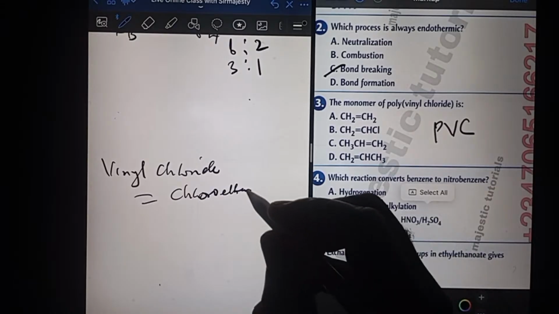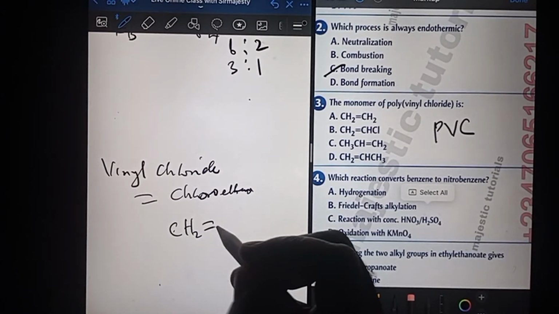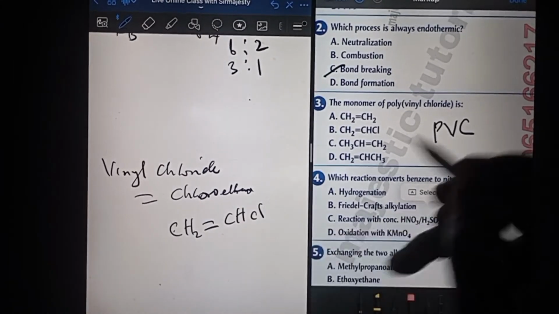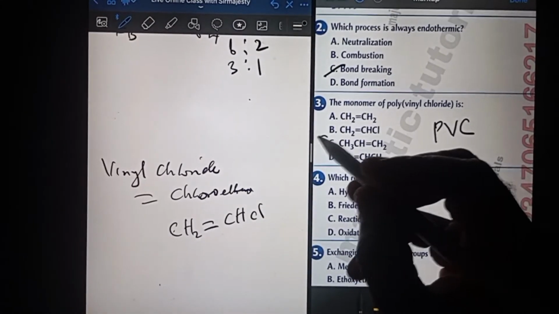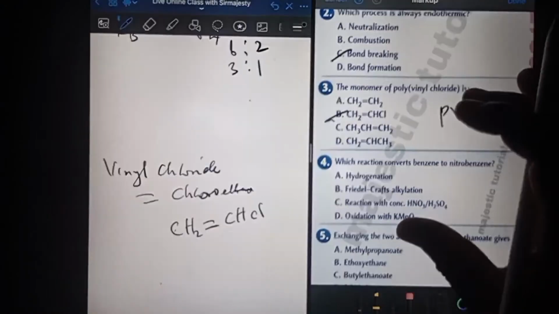So chloroethene is vinyl chloride, which is CH2=CHCl, which matches option B. So that is the monomer that builds it up.